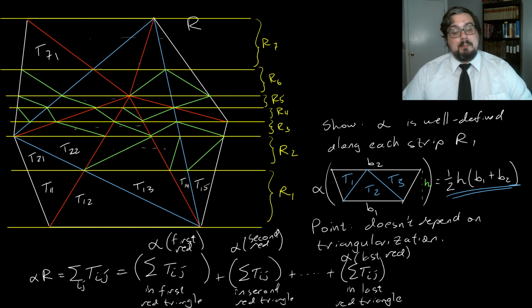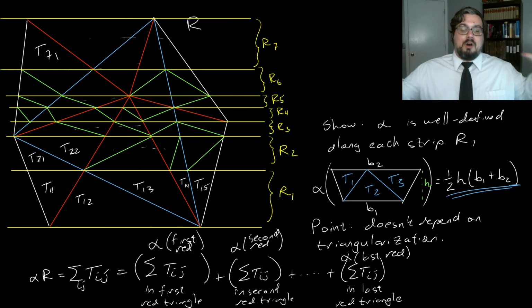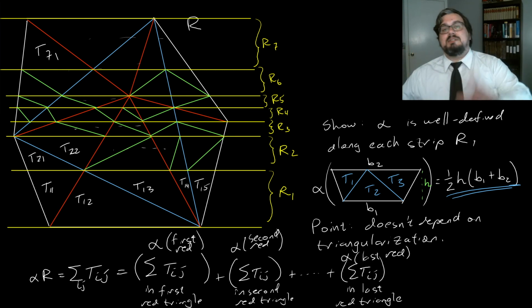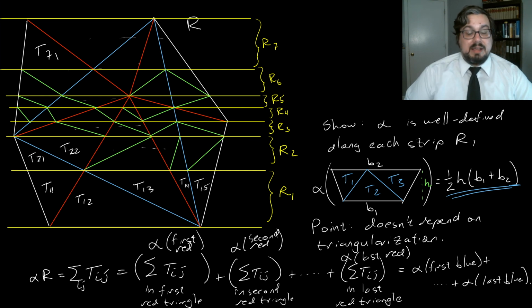But the point is that we can also group them up according to the blue triangles. We can group up all the little tiny Tijs so that we gather all of the ones in the first blue triangle together, all the ones in the second blue triangle together, and so forth and so on. And so we can also get that this is equal to the area of the first blue plus the area of the second blue plus the area of the last blue triangle as well.